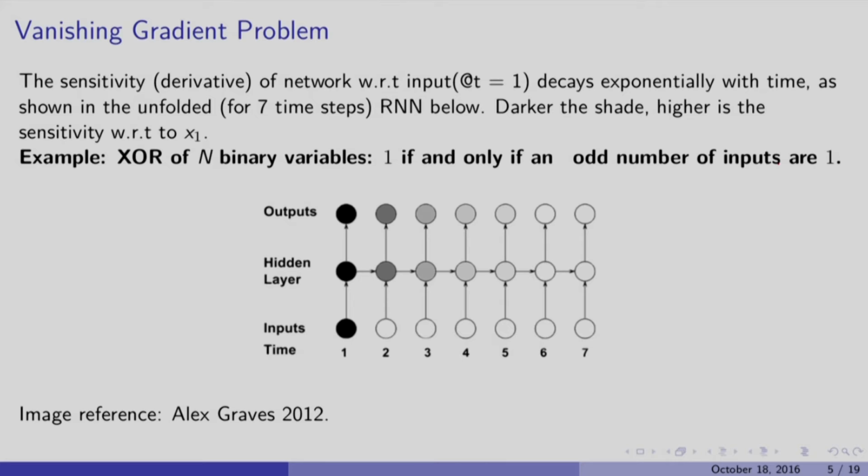So we will illustrate the significance of this vanishing gradient through an example. Let us say you were interested in the XOR of n binary variables, and we know that the XOR is 1 if and only if an odd number of the binary variables are 1, the rest should be 0. We are familiar with the construction of a finite state automaton or a simple logical circuit to keep track of this.